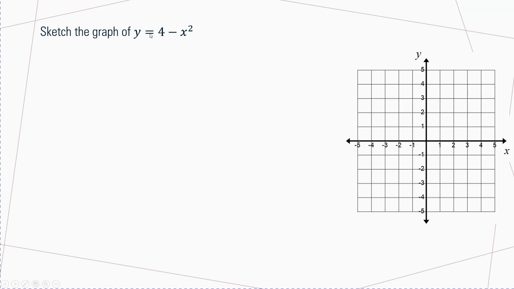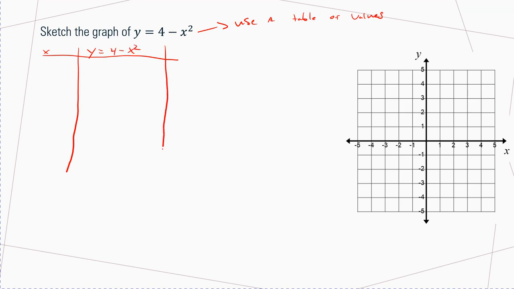Okay. So again, you're going to set up a table of values. So you're going to pick your x value to get your y. So let's pick the same values here.